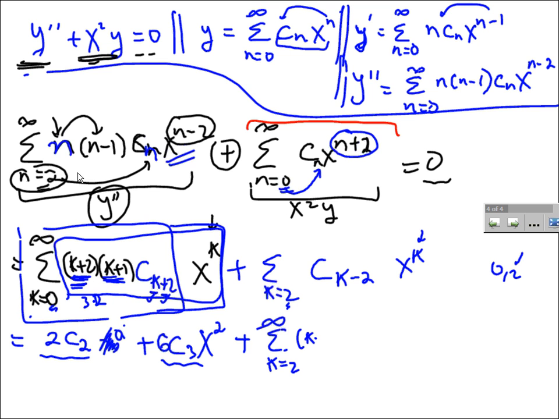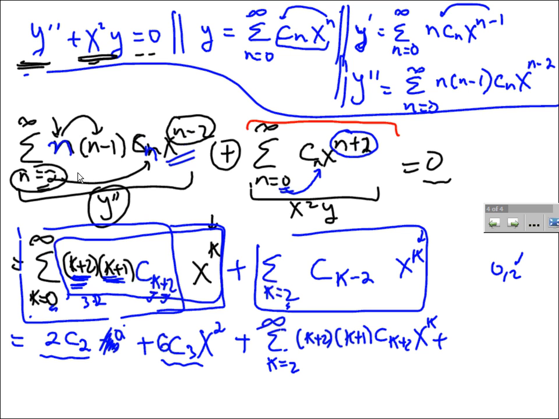It's still k plus 2, k plus 1 times c sub k plus 2 times x to the k, plus this. Summation k goes from 2 to infinity, c sub k minus 2 x to the k.